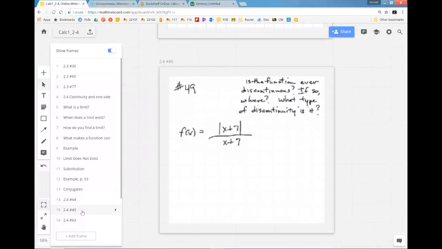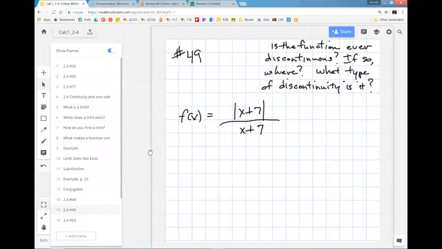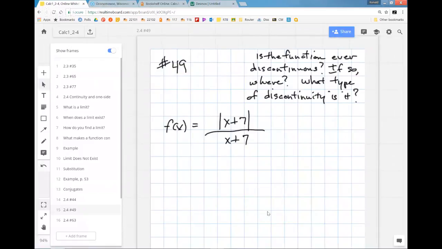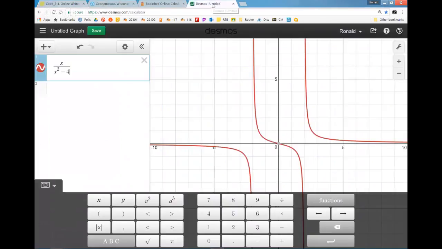Number 49, likewise. Now, is this function ever discontinuous? Yes, when x equals -7, we have a 0 in the bottom. What type of discontinuity is this? Well, let's take a quick look. Absolute value of x plus 7 over x plus 7.